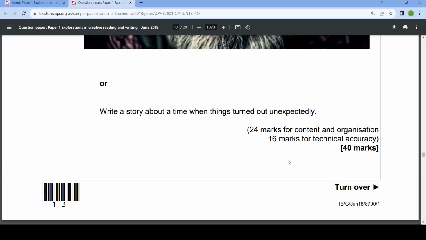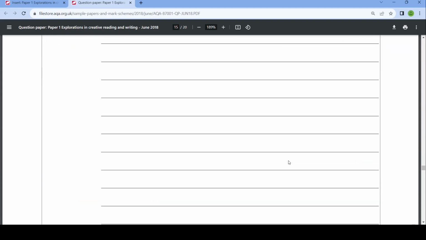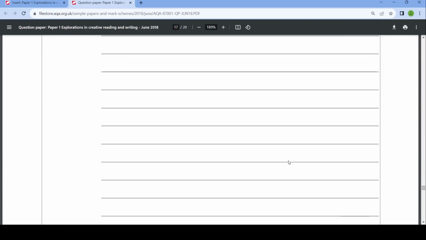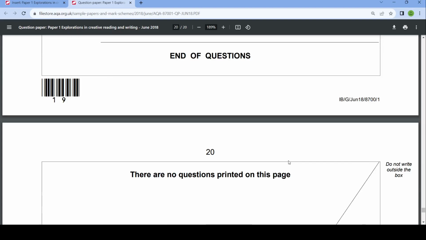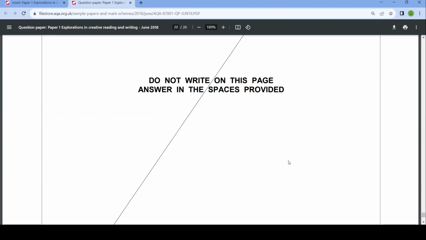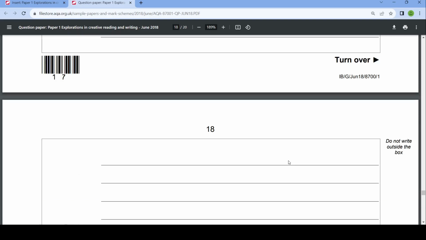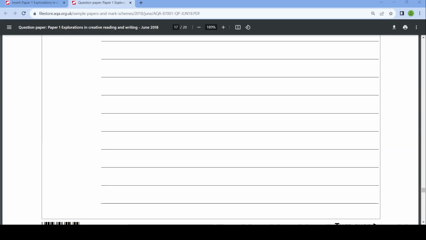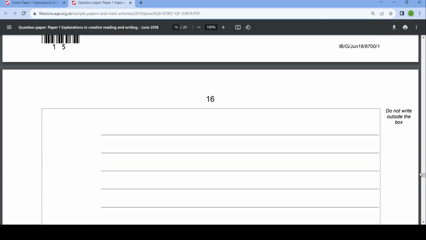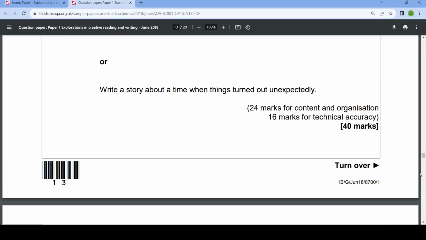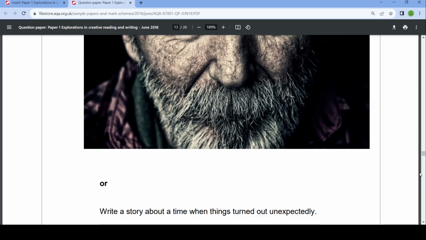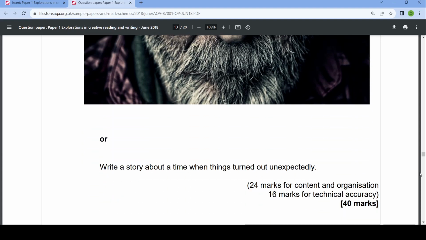Now, notice they give you a lot of space. You don't need to fill all that up, okay? You just need to write about 2 to 3 pages of quality, all right? Let's just go back to the question. So it is about quality, not quantity, but of course, you can't just write one sentence or one paragraph of pure quality and expect to get a grade 9.